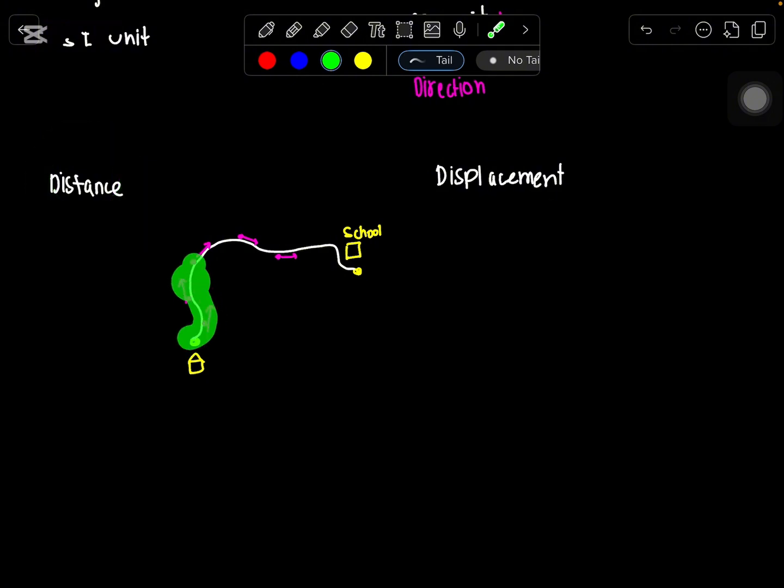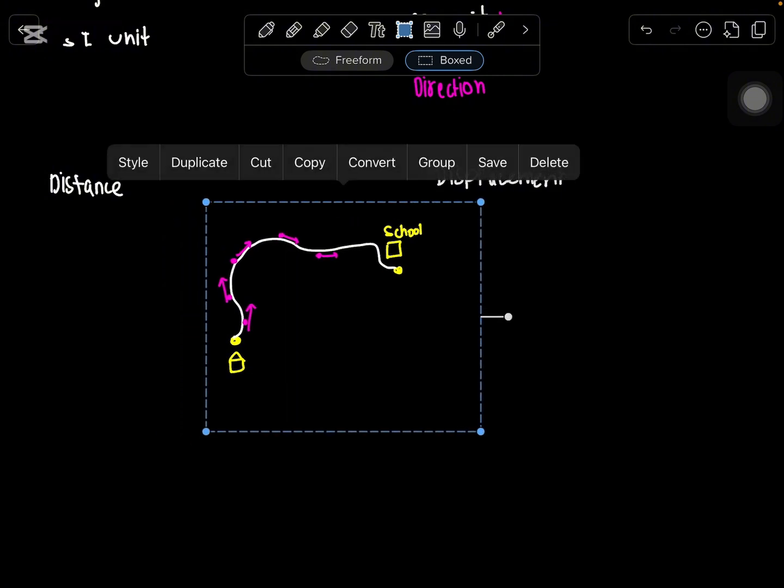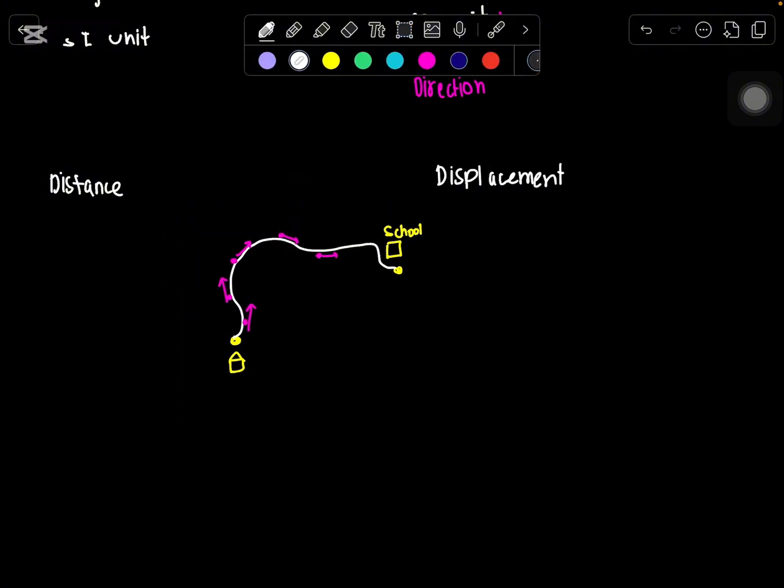So this total length covered by a moving object, regardless of its direction, is the distance. I'll write that definition here, and I want you to take a few seconds, absorb those words, and make sure you're comfortable with the wording before we move on to the next idea.